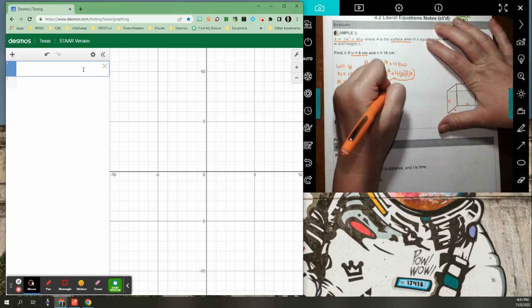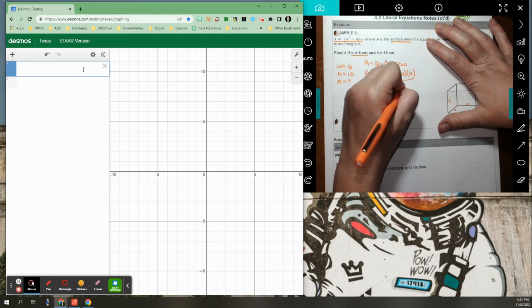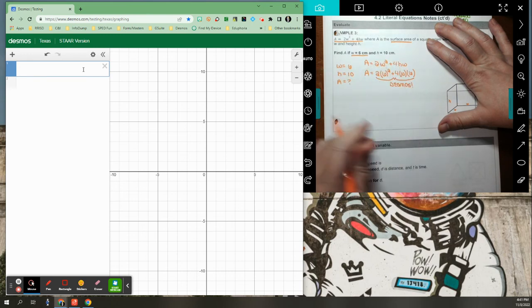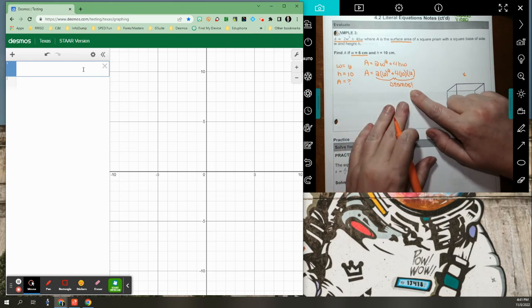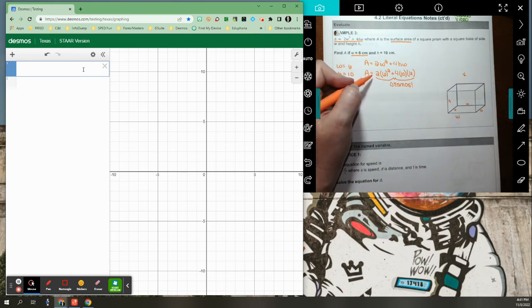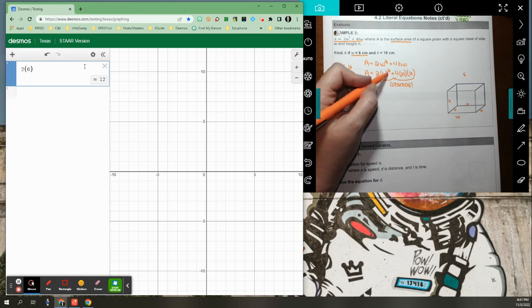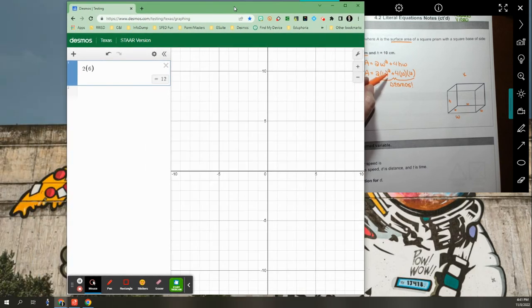Okay, so now we're going to put just this chunk into Desmos. And we're going to put it exactly as we see it. So I have a 2. I have an open parentheses. I have a 6. I have a closed parentheses. Okay, now I need to do this exponent of 2.